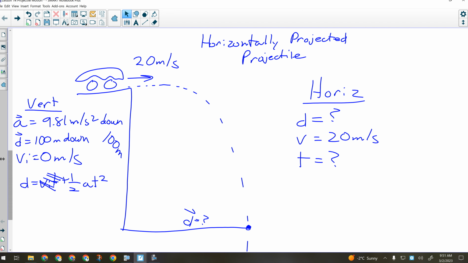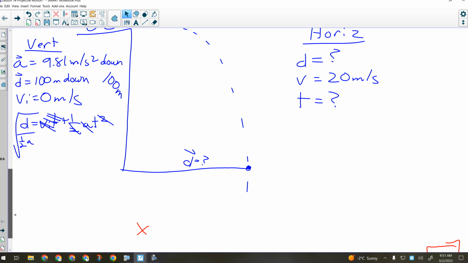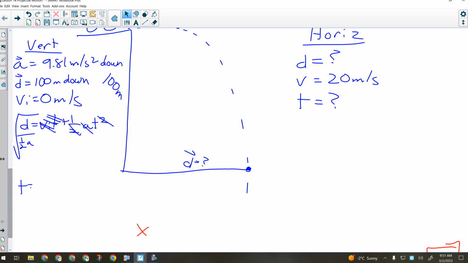All right, so I can manipulate this to solve for time. Okay, I'm going to divide both sides by half of a, and then I'm going to square root. See what I mean? Acceleration is going to come back into this. We're going to be using all of our acceleration formulas when we're doing projectile motion. All right, so then time is going to equal the square root of 100 meters divided by 1/2 times 9.81.